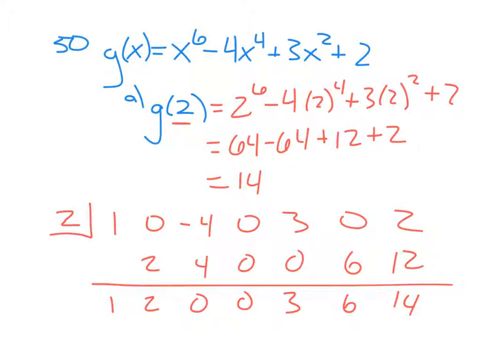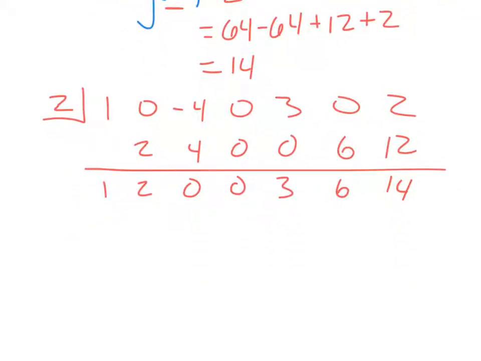Let's say that we evaluated it at 2 and we got 14. And then you said, oh, I wonder what this is at 8, and we go through this same process and we end up saying, oh, look, it's negative 20.